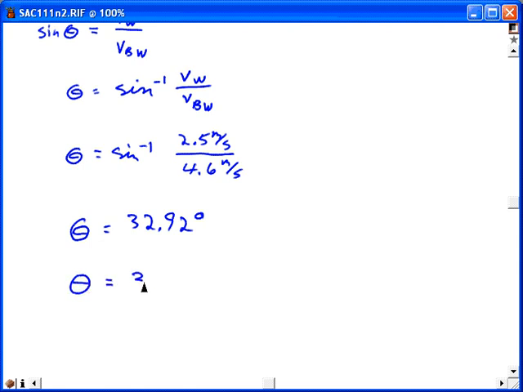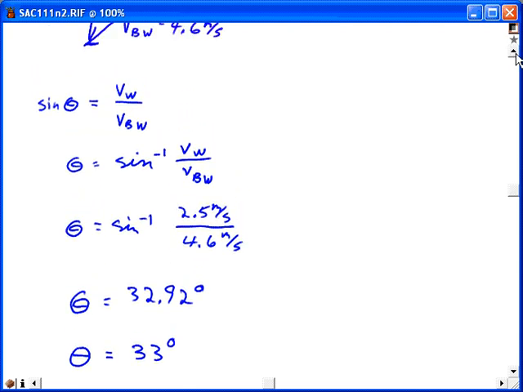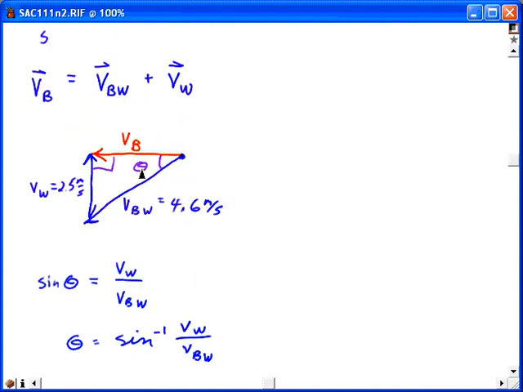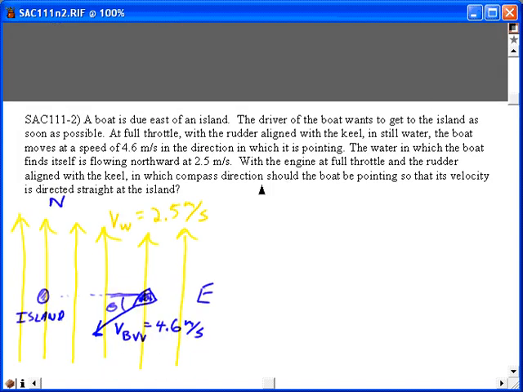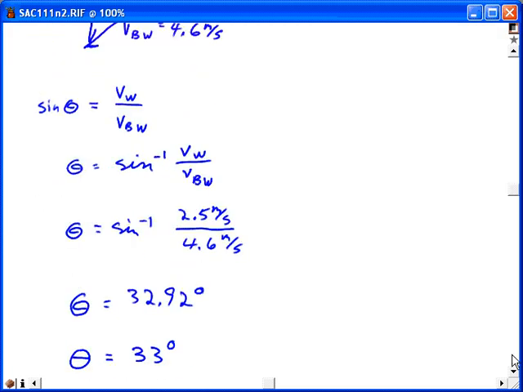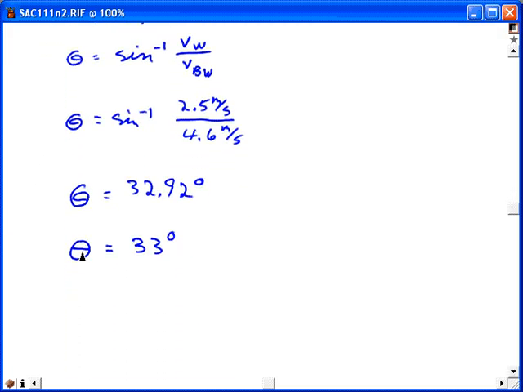So that would round to 33 degrees. So the angle at which the boat should head, this theta, is 33 degrees. I want to make sure that answers the question. In which compass direction should the boat be pointing so that its total velocity is actually straight toward the island, and indeed the 33 degrees is the answer to the question posed in SAC 111 problem number 2.